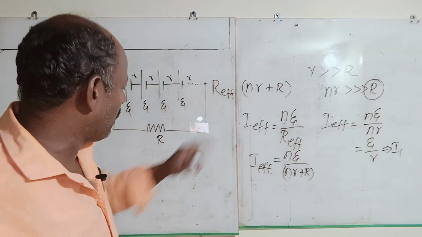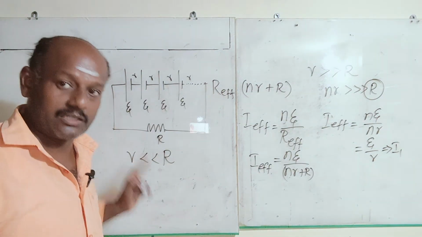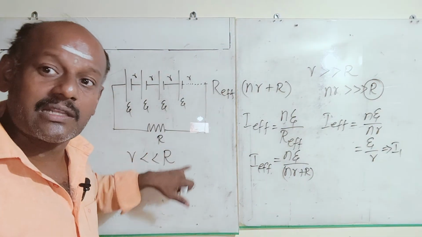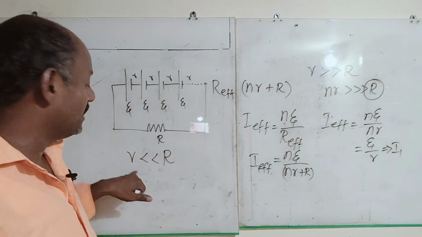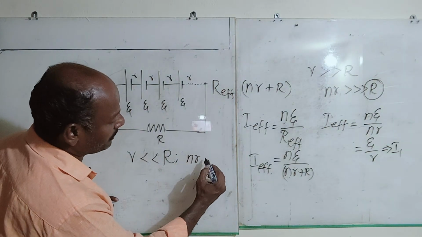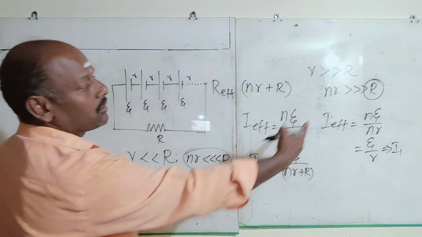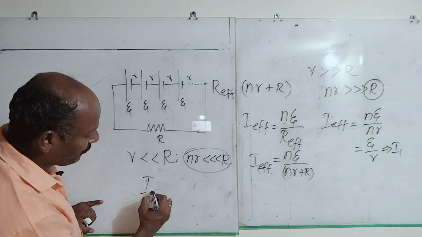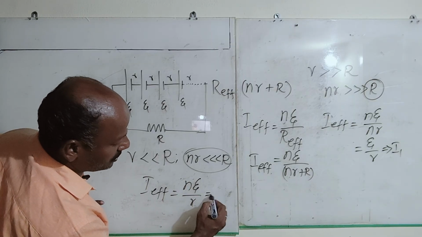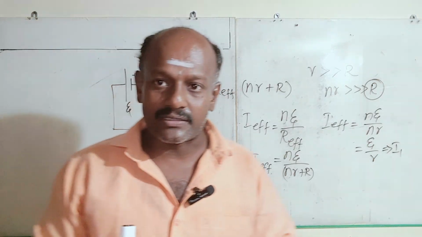Now let us discuss when small r is much smaller than capital R. That means the external resistance is much greater than the internal resistance. So obviously nr will be much less than capital R. So the equation becomes I effective equal to nE divided by R, which is equal to n times I1. You get it.